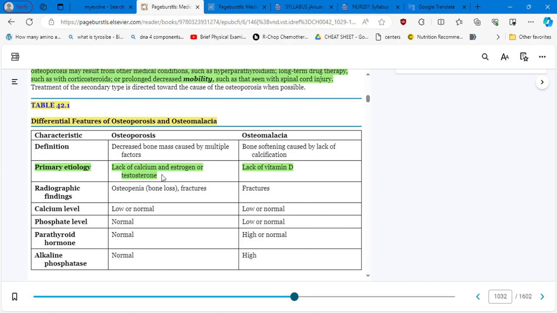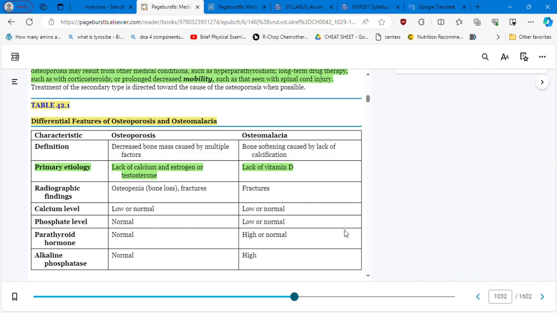Osteoporosis is lack of calcium and estrogen or testosterone, right? Because those are having an effect on the osteoclast or osteoblast. Osteomalacia basically is the lack of vitamin D.